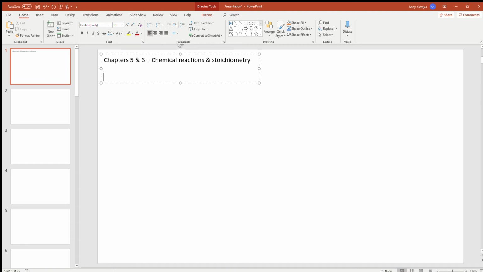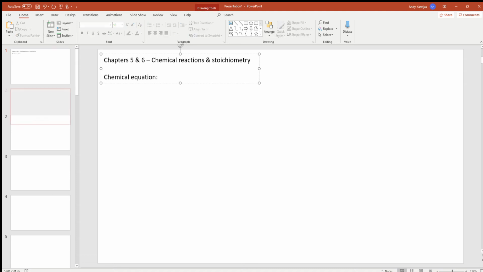So when we look at a chemical equation, what kind of information does it give us? And from that chemical equation, what can we use it for?